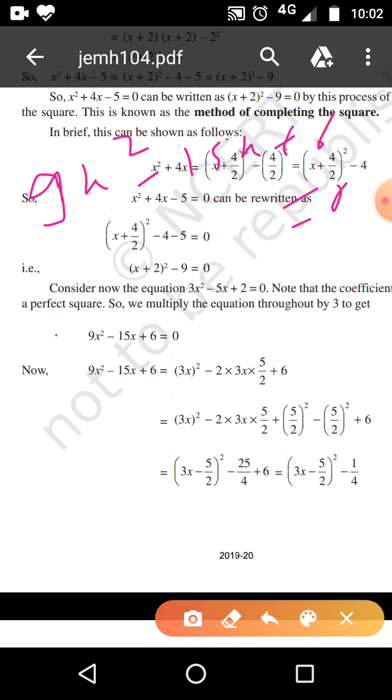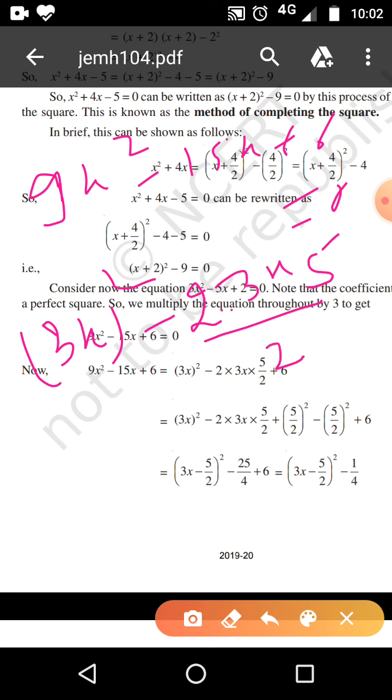So 9x square can be written as 3x whole square, so a square this is, and the middle term is nothing but 2ab, so 2 into 3x that is 6x, but this is 15x, so 5 and divided by 2, so 2 cancels. 2 times 3 is 6, times 5 is 30, so 30 by 2, this is 15.